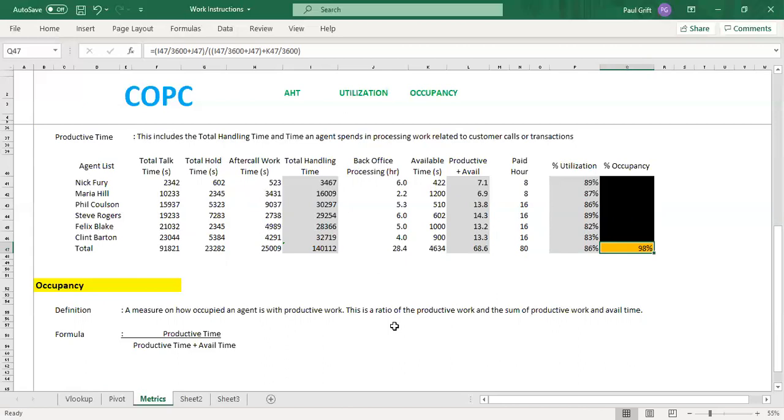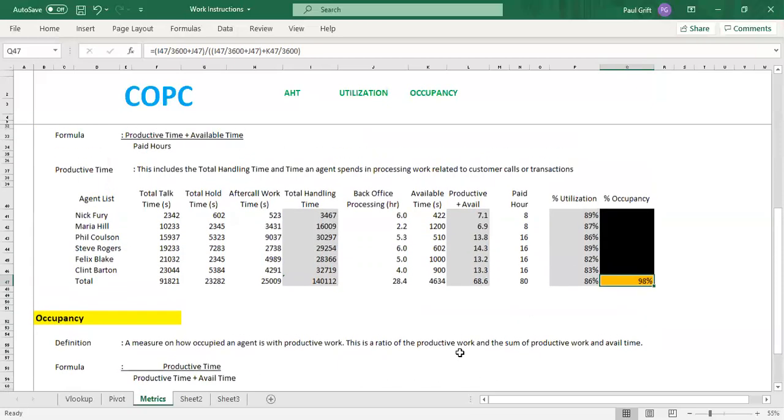So as a rule of thumb, the higher the occupancy is, the lower your service level could be. They contradict each other, and the key is to find a balance between the two.